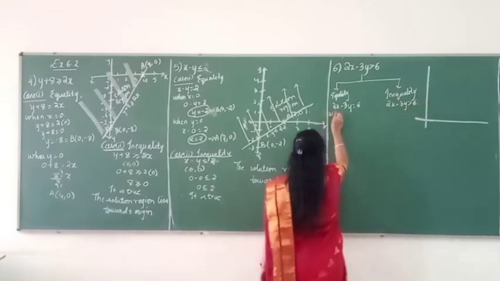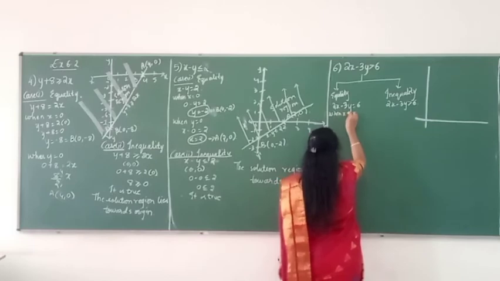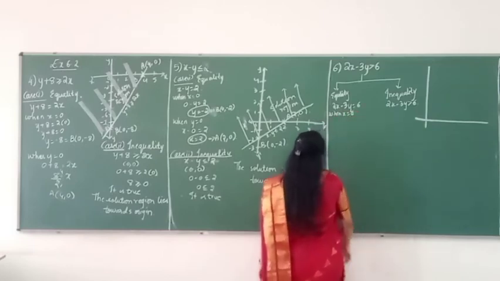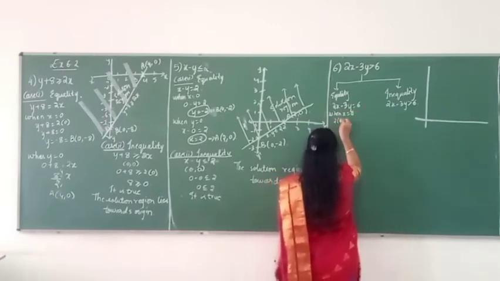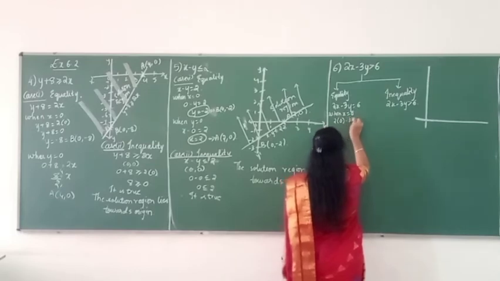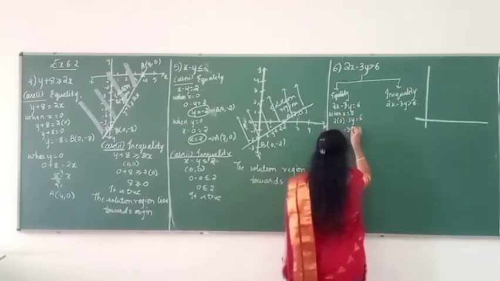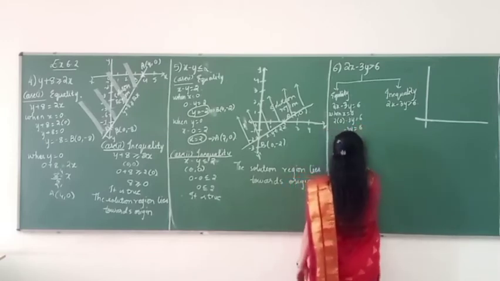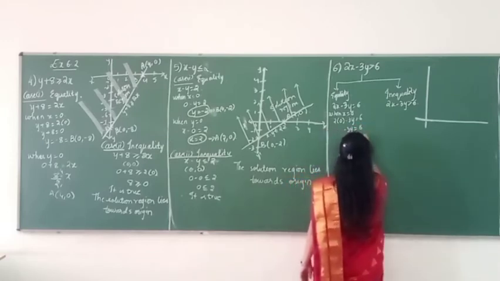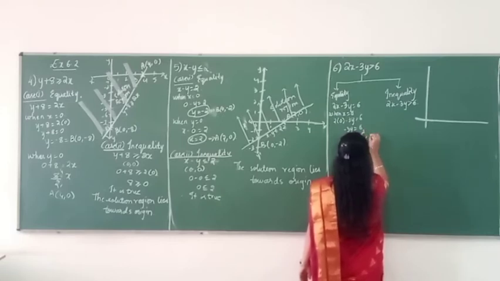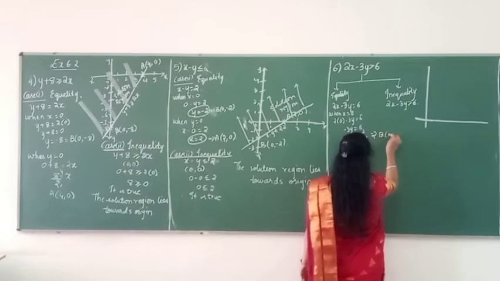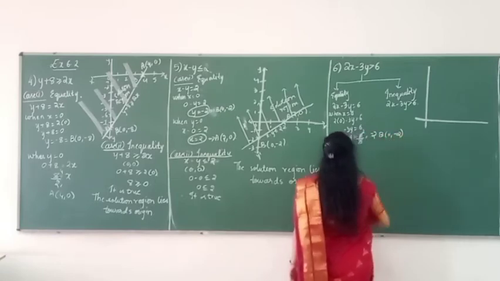So when x is 0, what am I getting here? 2 into 0 minus 3 into y is equal to 6. So therefore minus 3y is equal to 6. Therefore y is equal to 6 divided by minus 3. So here we are getting minus 2, wherein B point is nothing but 0 comma minus 2.